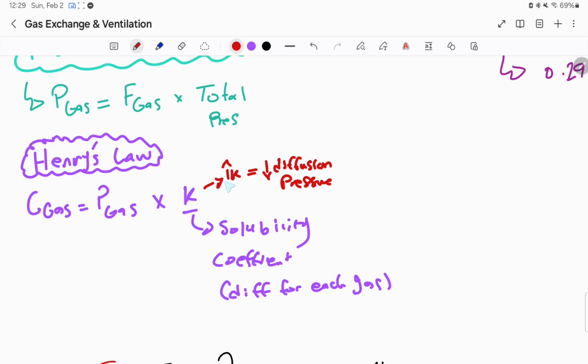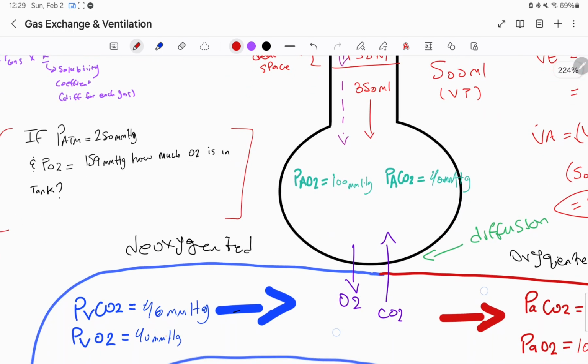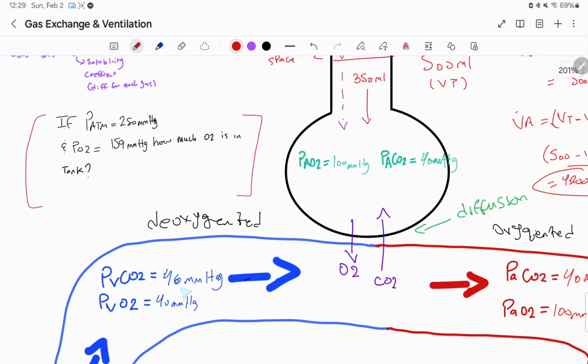Now, here's the thing: if my solubility coefficient for a given gas is very high as compared to another gas, this actually requires a very low diffusion pressure, okay? That means that I can actually dissolve this gas in the blood with a lesser pressure gradient. That's what's happening with CO2. The solubility coefficient for CO2 is way higher, okay? So this guy has a higher K.